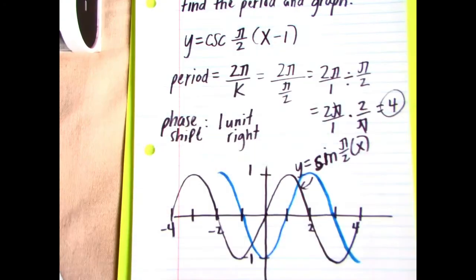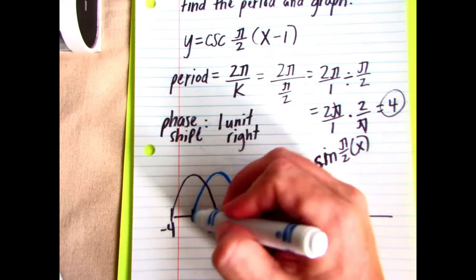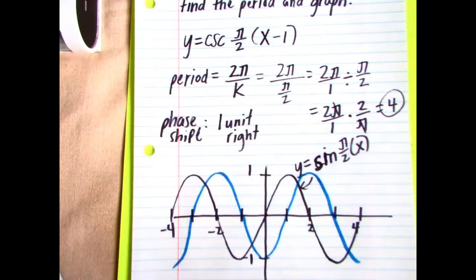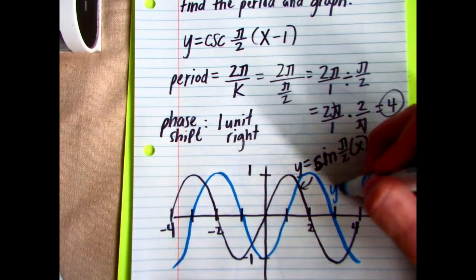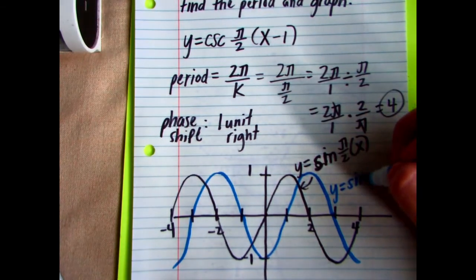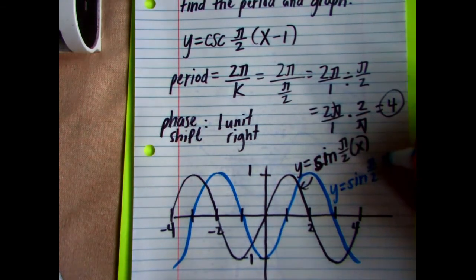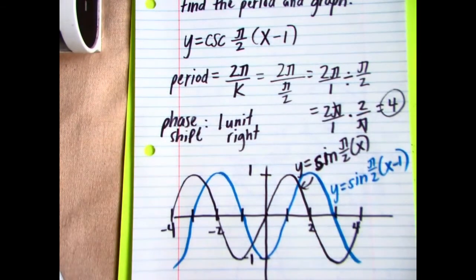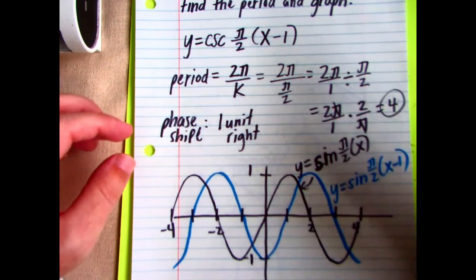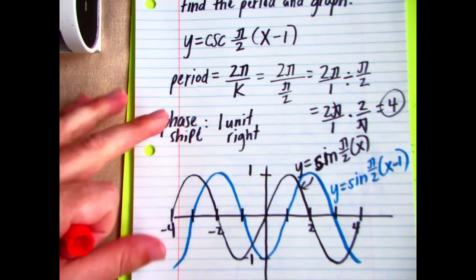Basically, the entire black graph gets shifted 1 unit right. So in blue, we have y equals sine of pi over 2 times x minus 1. It's this blue graph that I'm going to use to create my cosecant graph.